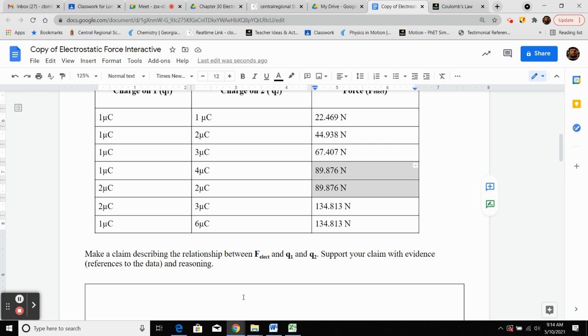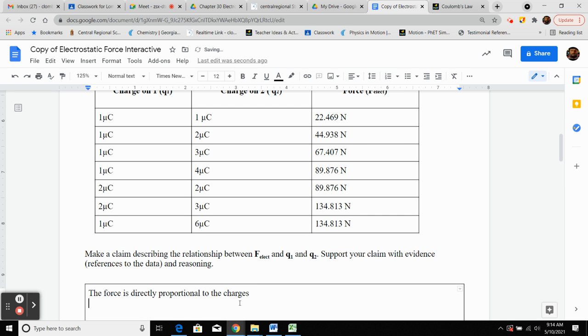So how do I know it's a direct relationship? If I increase one, the other thing increases. That is essentially a direct relationship. So if you were to show that in equation form, make a claim: the force is directly proportional to our charges.